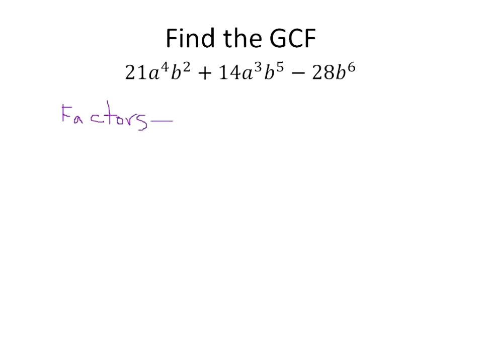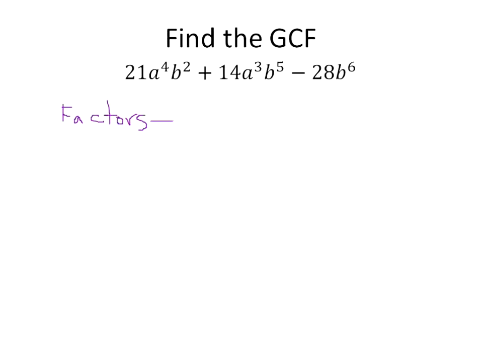Factors are the numbers that you multiply together to get the number you're given. Okay, so what are numbers that multiply together to make 21? Okay, good. What are numbers that multiply together to make 14? 7 and 2. How about 28? 7 and 4.